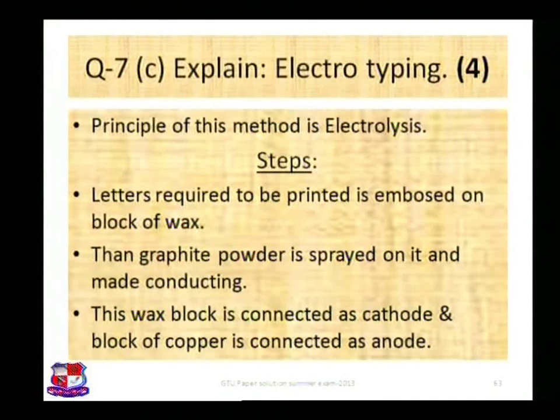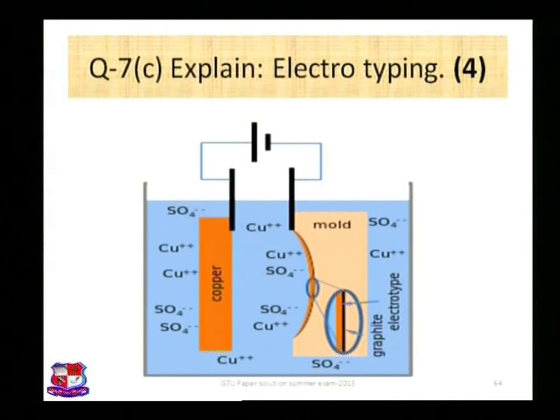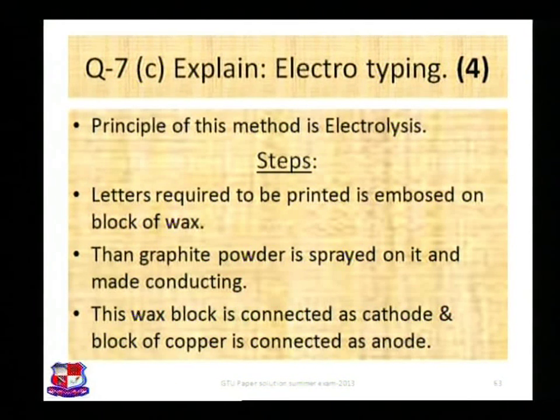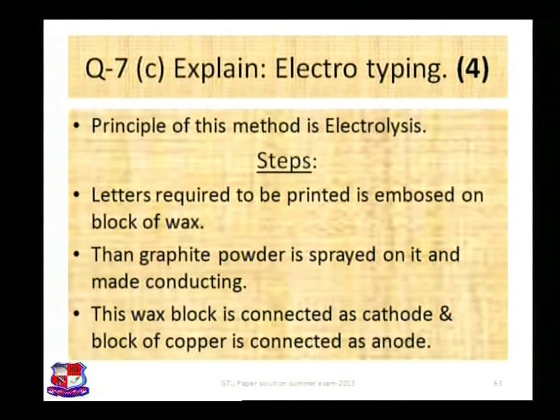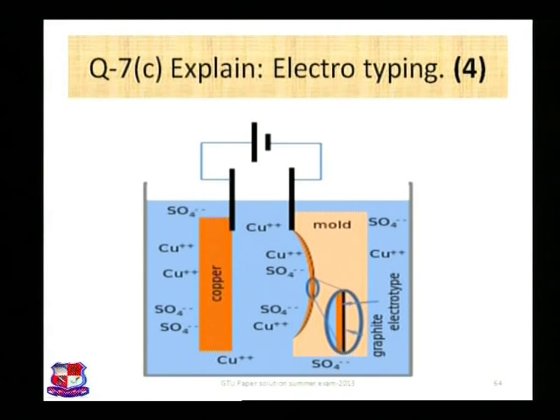You can see very clearly the copper block on the left side is connected as anode, the wax block is connected as cathode, and our electrolyte is the copper sulfate solution.